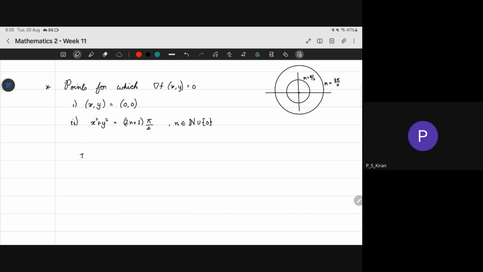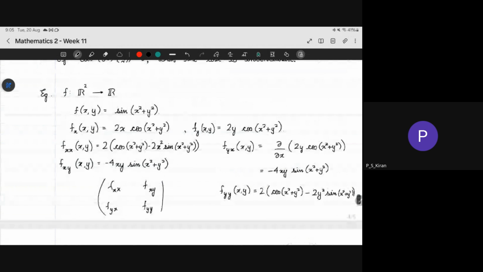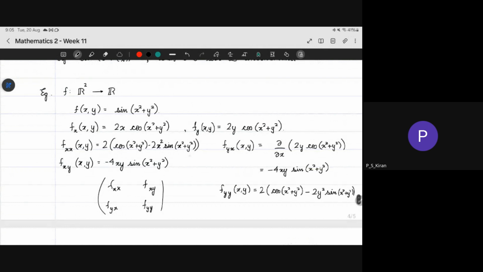Now, what is Hessian of f at 0? Now, this is the easier thing to do. So if I put 0, 0, this will give me 2. This will give me 0. This will give me 0. And this will give me 2.